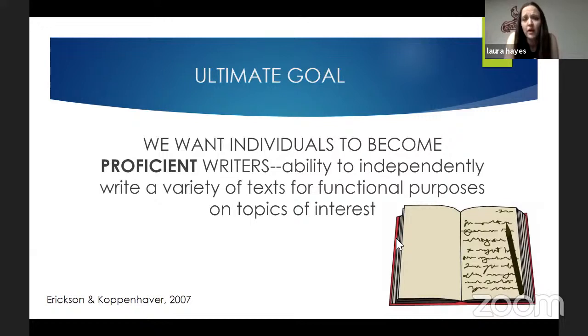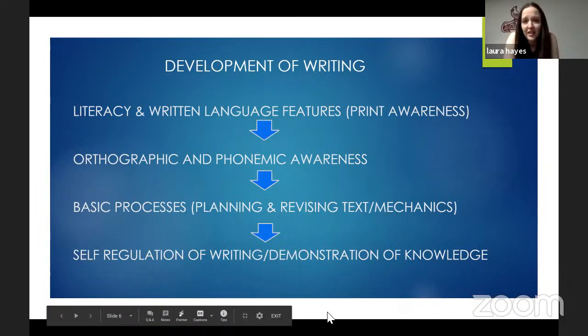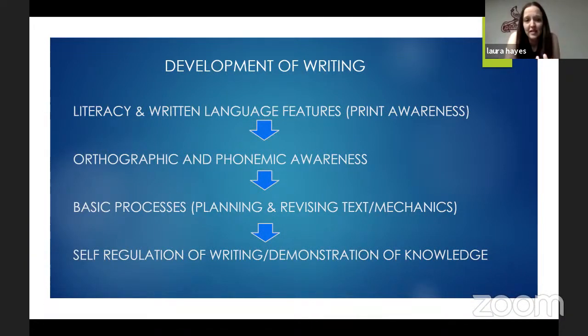What is our goal for our kiddos that use AAC? And what is our goal for everyone? Our goal is that anyone and everyone can be a proficient writer, being able to use and independently write whatever their interests are for a variety of functional purposes. When we look at the development of writing, there are four main areas that we're going to look at today.